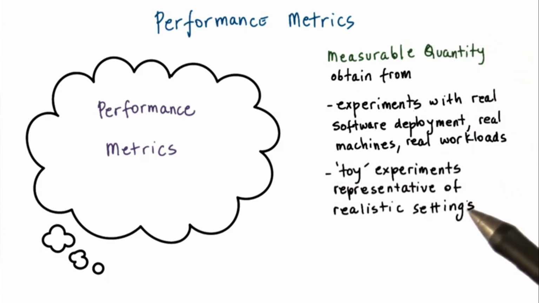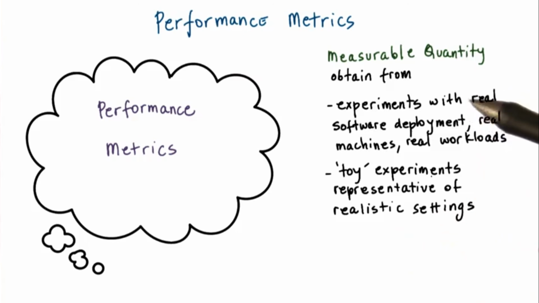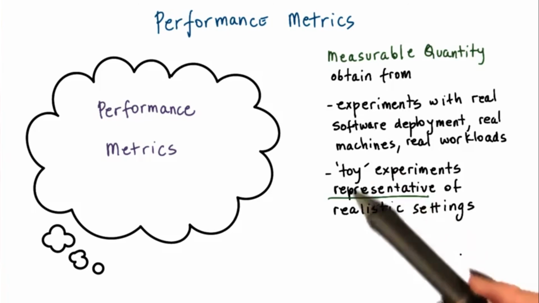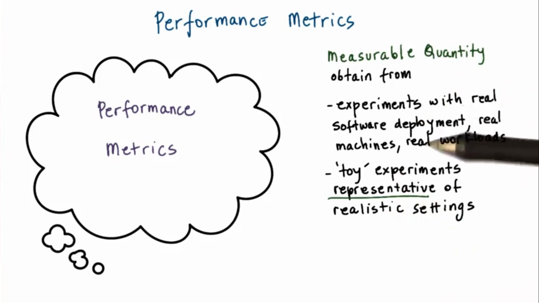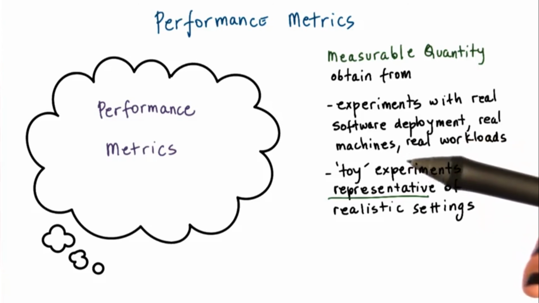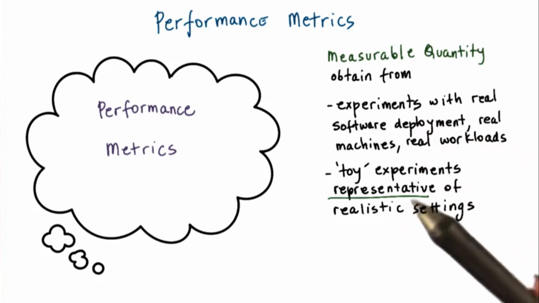In those cases, we have to resort to experimentation with some representative configurations that in some way mimic as much as possible the aspects of the real system. The key here is that such an experiment must be representative of the real environment. So we must use workloads that have similar access patterns, similar types of machines, so as to mimic the behavior of the real system as closely as possible.